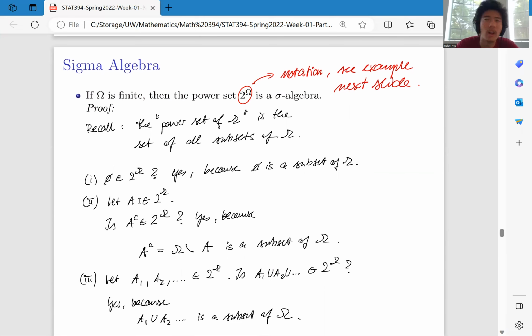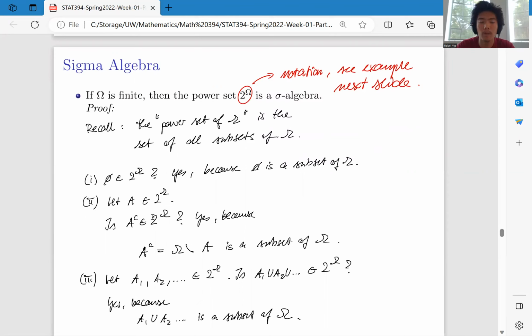And for the second one, for any arbitrary set A inside the power set, is the complement of the set also in it? The first instinct would be to say yes, but why is that? This is because no matter the A and the complement of A, their union is the same as omega.